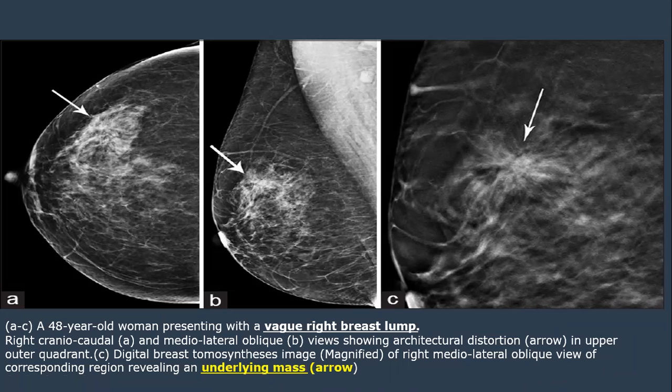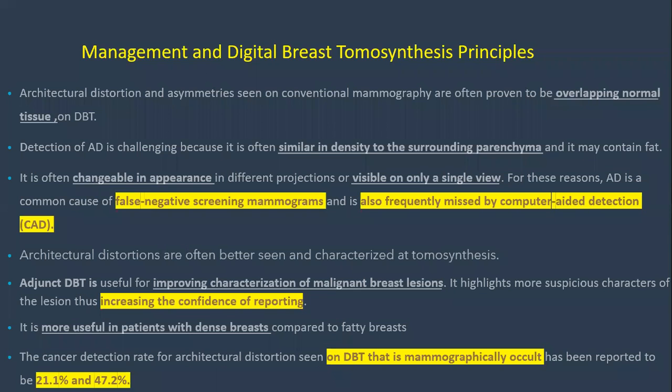Okay, so regarding management and digital breast tomosynthesis principles, sometimes architectural distortion seen on conventional mammography might be seen on digital tomosynthesis as just overlapping normal tissue structures. However, tomosynthesis is more sensitive in detecting architectural distortion not seen on 2D mammography.